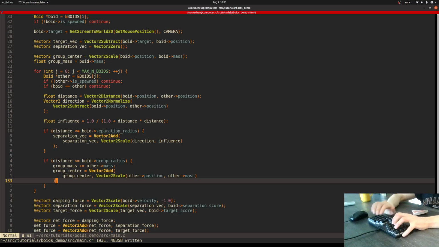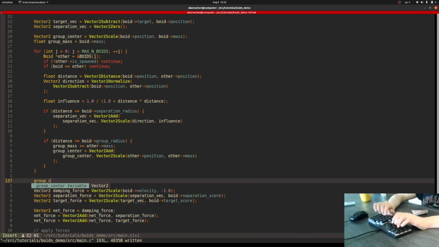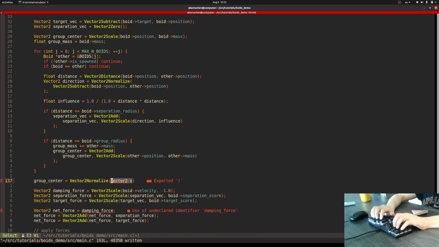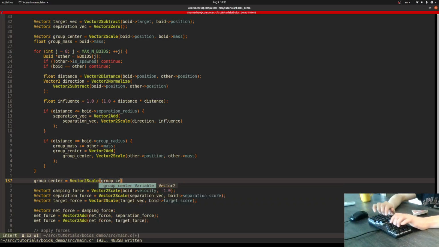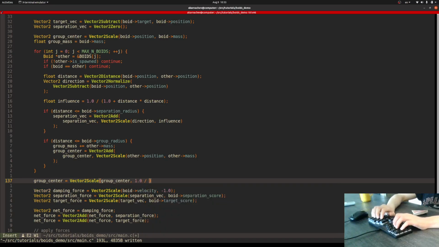Now I need to normalize group center. Group center is equal to vector 2 normalize. Not normalize, no. Vector 2 scale, because normalization will give us unit length vector. We actually don't want unit length vector. We want to scale the group center by the divided by the group mass.